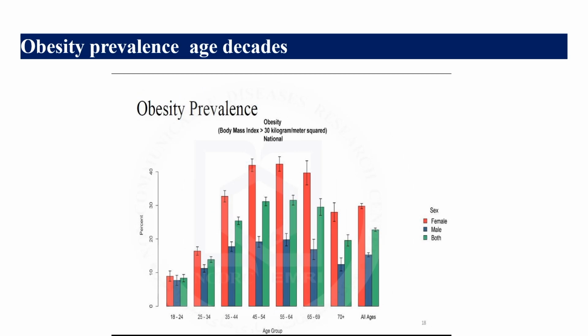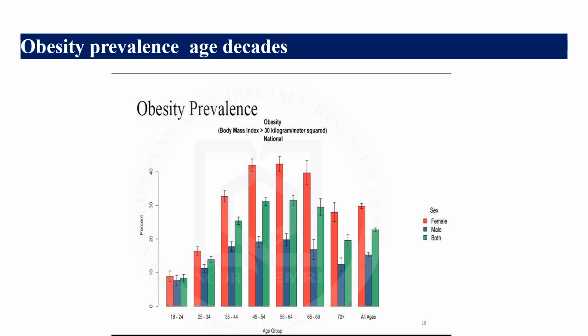If one then looks at the prevalence with respect to the age decades, what you can see is that as you get older, the overall obesity prevalence increases and peaks at around between the ages of 55 and 64. And then there is a decrease in the prevalence of obesity.